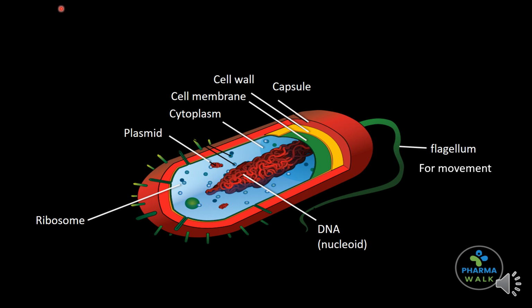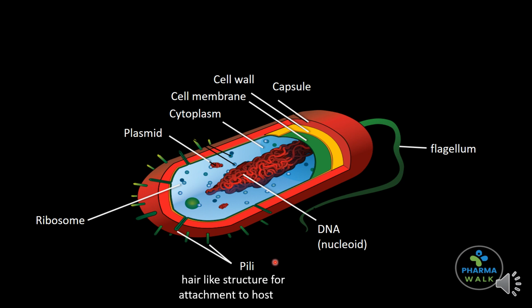Also, some bacteria have very tiny hair-like structures on their surface, which are called pili. These pili are hair-like structures present on the surface of the bacterial cell, which have the function of attachment to the host. Very important to spread the bacterial infection in the host.